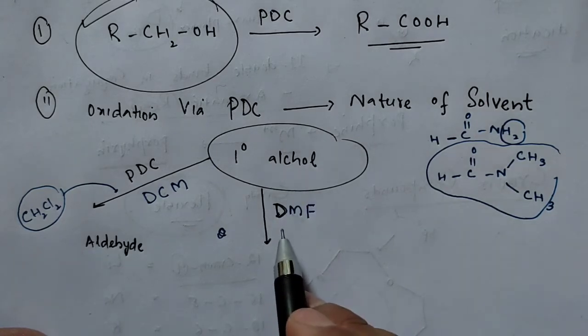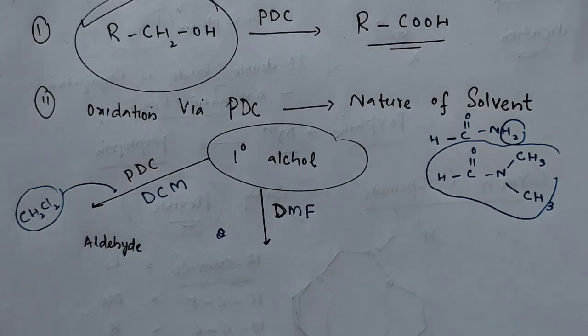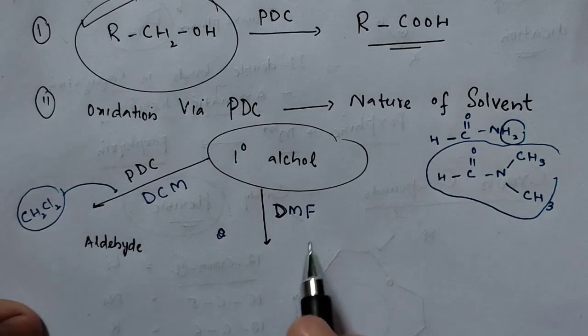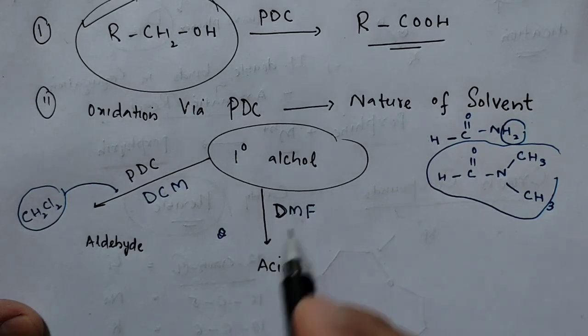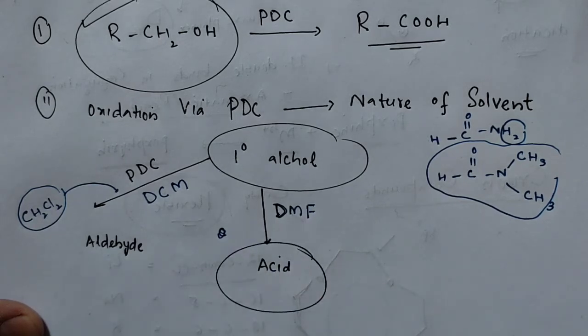So in the presence of dimethyl formamide, your product is acid. This is an important key. That means under this solvent condition, it behaves as a strong oxidizing agent.